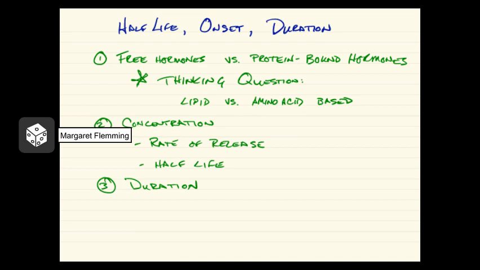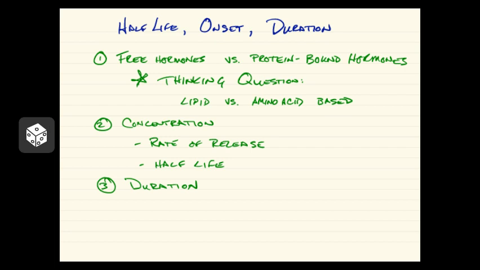How long will any given hormone last? How do they get from one place to another? This is what's addressed by this slide. Your textbook talks about it. It's not in your notes, but I think it's important to address.